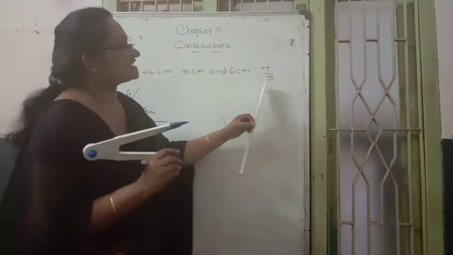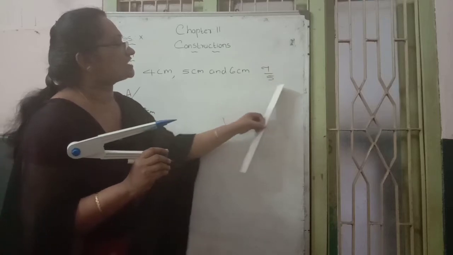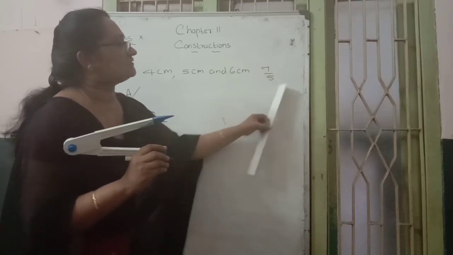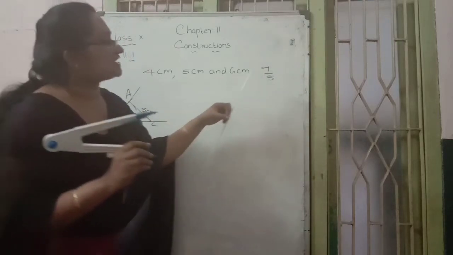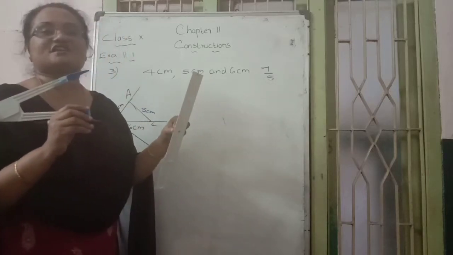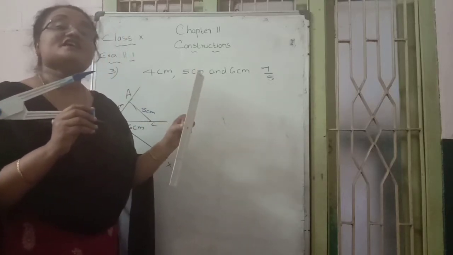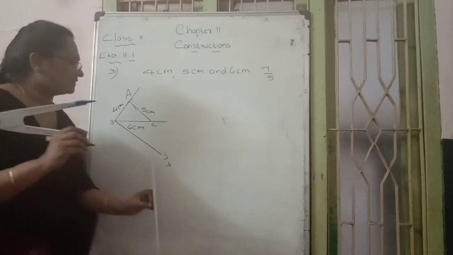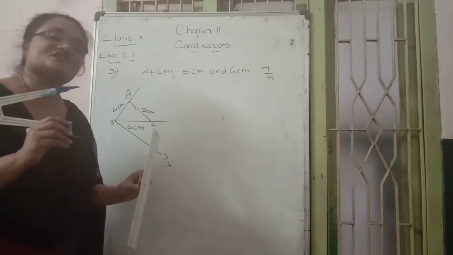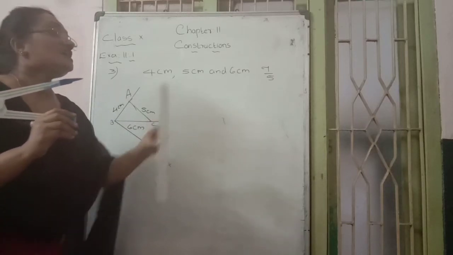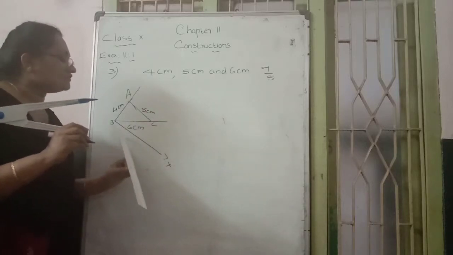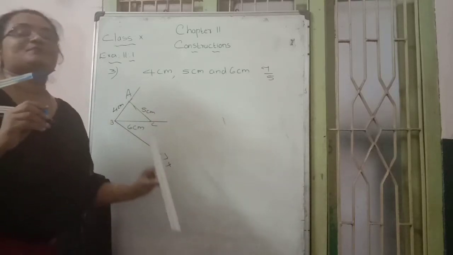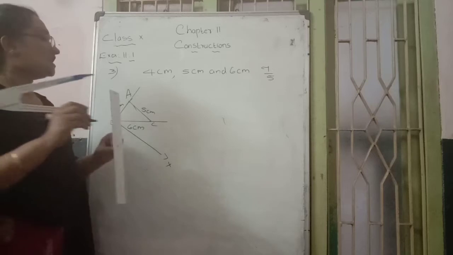Then again look at the scale factor. The scale factor of the similar triangle is given as 7 by 5. Which number is greater? 7 is the bigger number. That's why we want to mark 7 points on the ray BX. How to mark?